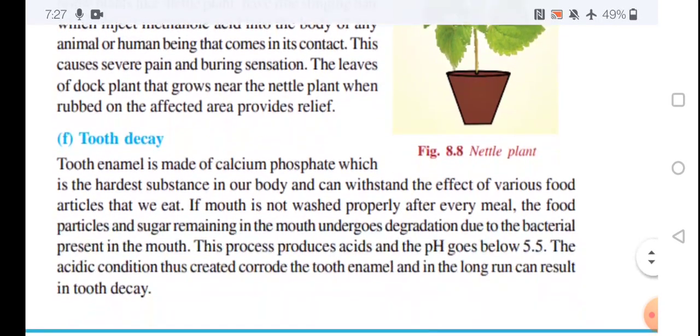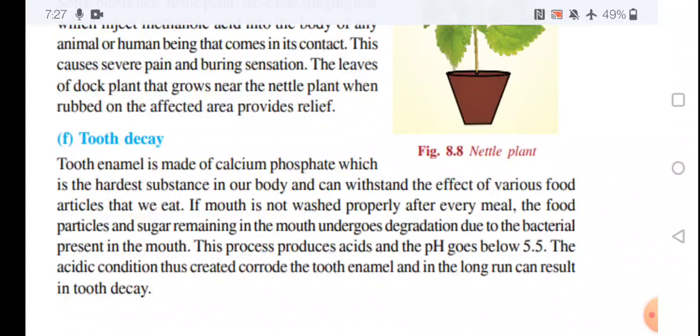Next, the last one is tooth decay. Tooth enamel is made of calcium phosphate, which is the hardest substance in our body and can withstand the effect of various food articles that we eat.